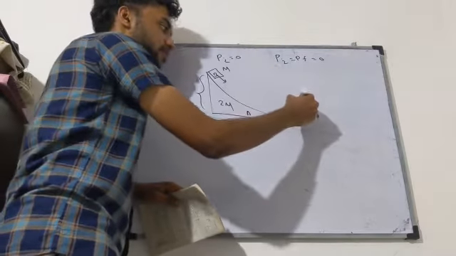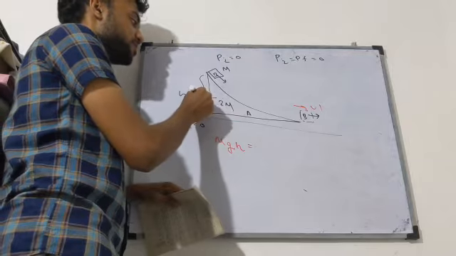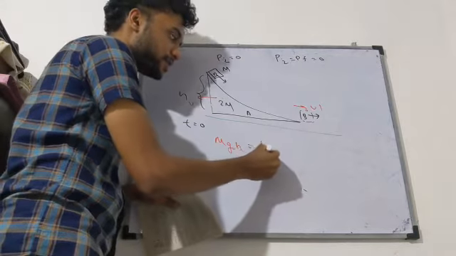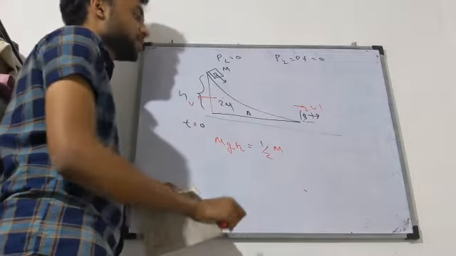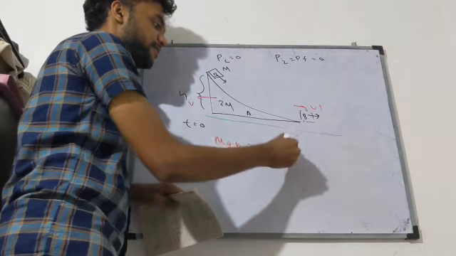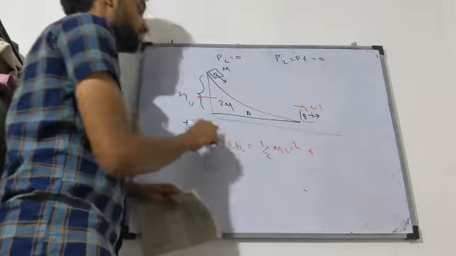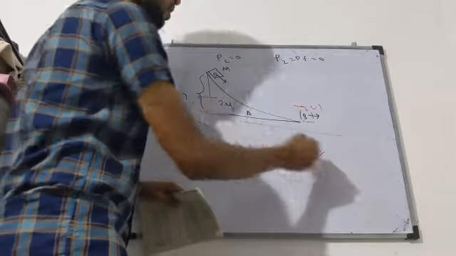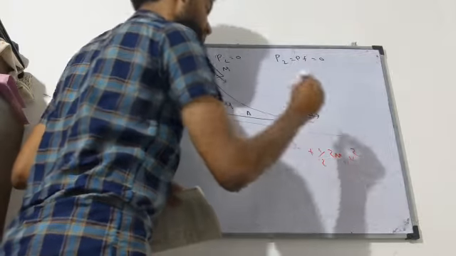The velocity of object B, we call it v dash. Velocity of object A, they have mentioned, that is v. Therefore, half the mass of B, m, velocity of B, v dash squared, plus the kinetic energy of A, that is what? Half 2m v squared.